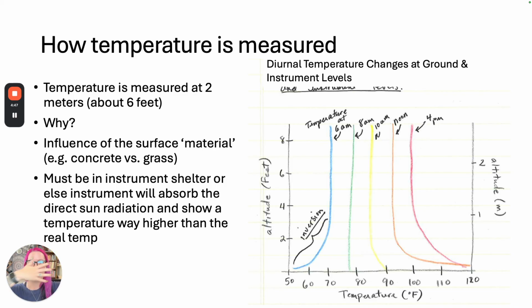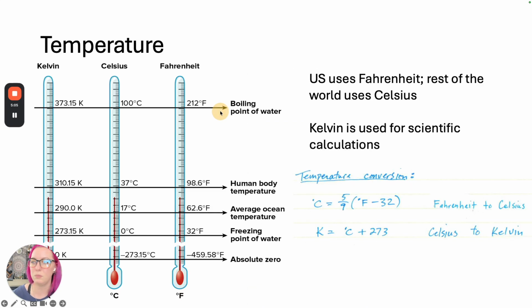We also want it to have slots so that the air can move freely through that sheltered instrument. So we basically want to remove as much influence or bias from the readings as we can, to make sure that we're measuring the correct temperature.